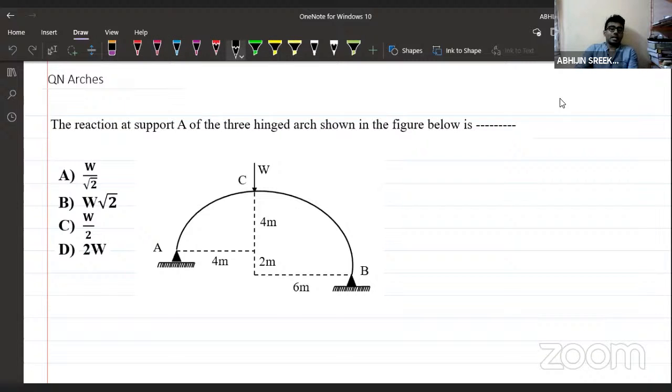Third hinge is at the crown. Krishna, here we are having the third hinge at C. Okay.